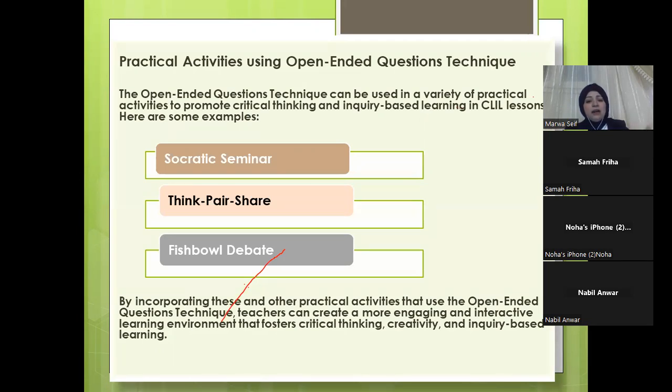These are three kinds of practical activities that use open-ended questions, but this time you ask your students to work in groups to create the open-ended questions on a certain topic, or the content of a certain article they read, or the content of a certain video they watch that is related to the content of the CLIL lesson.